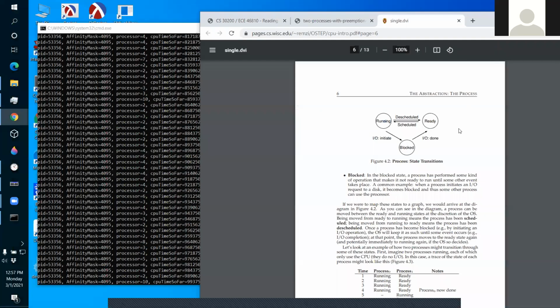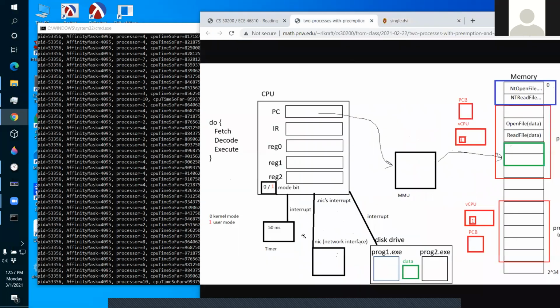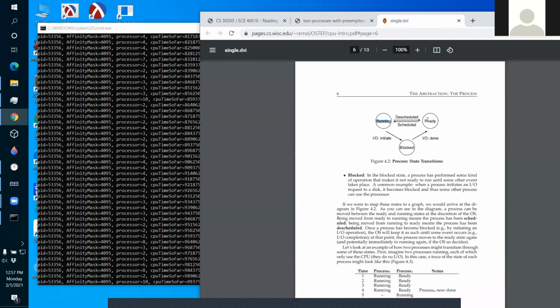What that meant is that it was put on a CPU in the run state, and then its timer interrupt fired. So then it got moved to the ready state. Now, when it was turned to run again, it was put back on a different CPU because I have multiple CPUs.